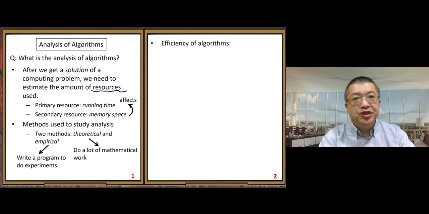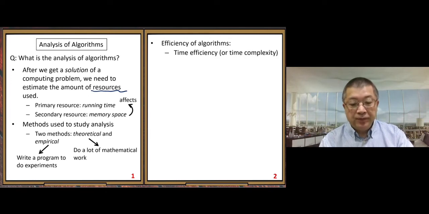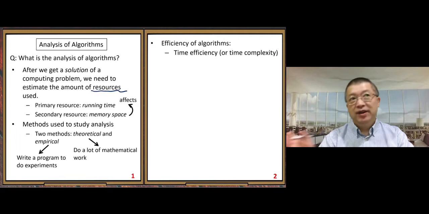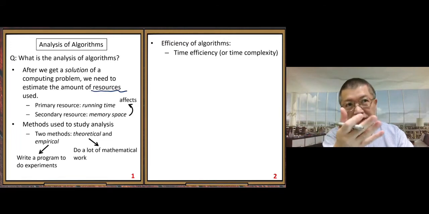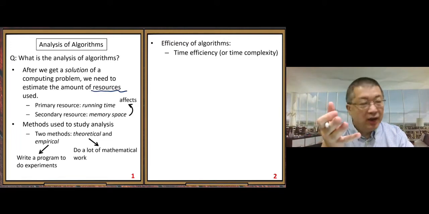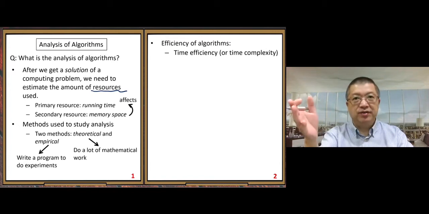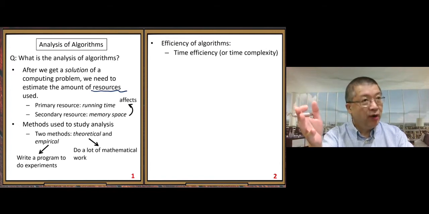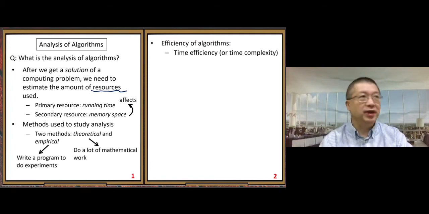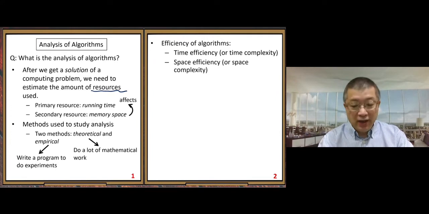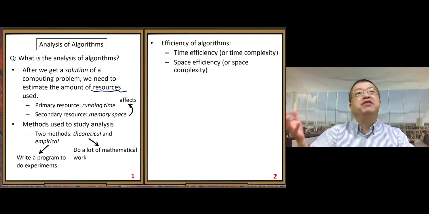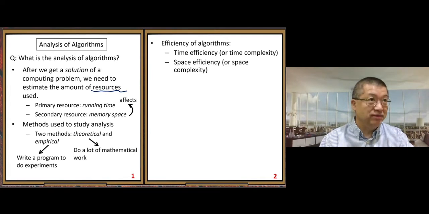All right. Next, efficiency of algorithms. The first one, time efficiency: for the running time, how efficiently you use the running time. Sometimes people call it time complexity. Similarly, space efficiency, or space complexity.